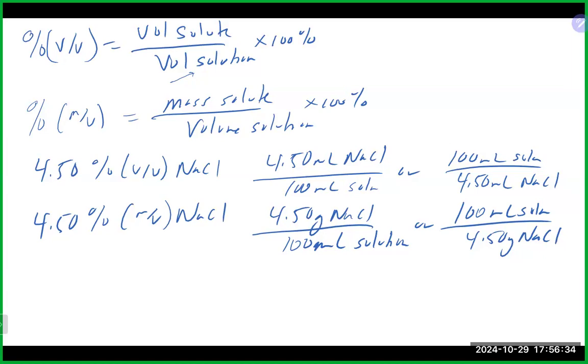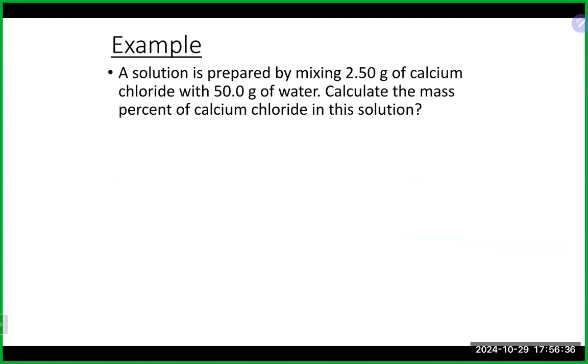All right, so let's try one here. A solution is prepared by mixing 2.5 grams of calcium chloride with 50 grams of water. What is the mass percent here? Okay, so let's take a look. We're looking for the percent by mass, basically mass percent.